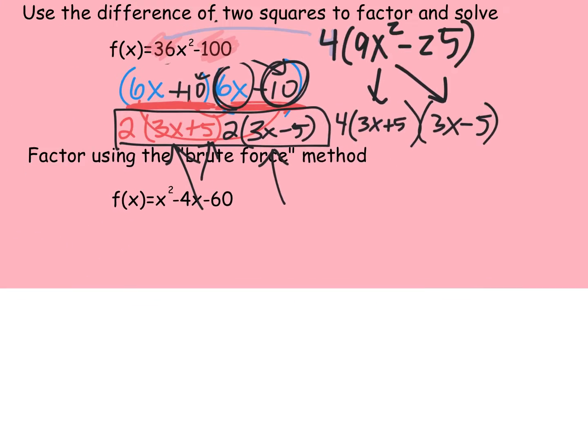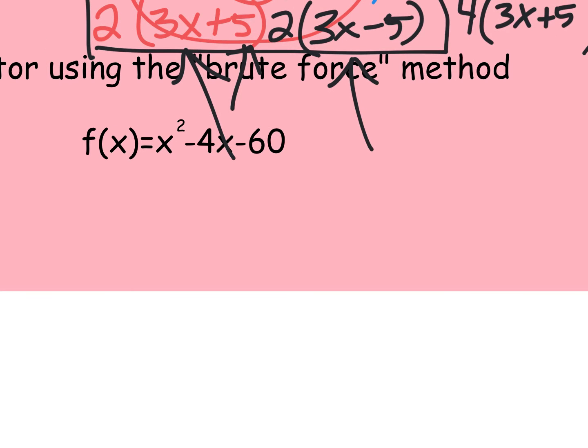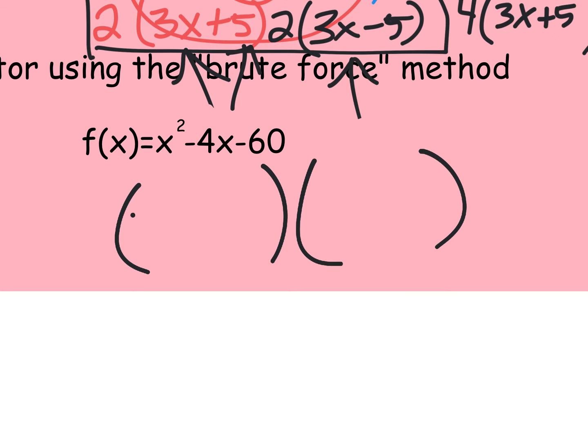Okay. And then this last thing is called factor by using the brute force method. Sounds like you're going to break down the door or something. Well, it just means we don't have an awesome way of knowing what numbers make the 60 up. Do you get it could be 6 and 10? Do you get it could be 2 and 30?